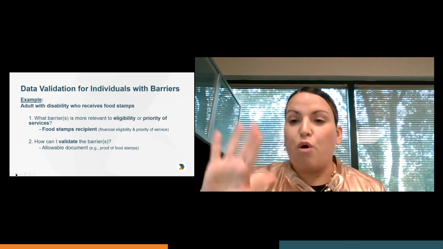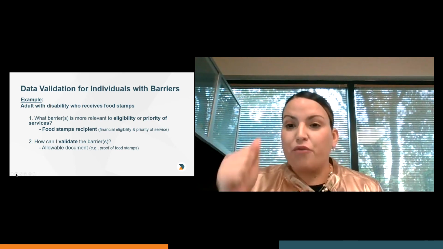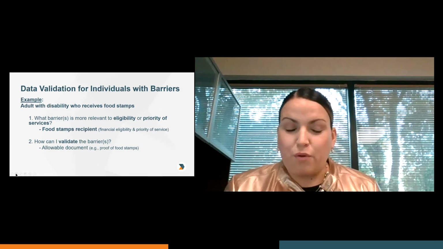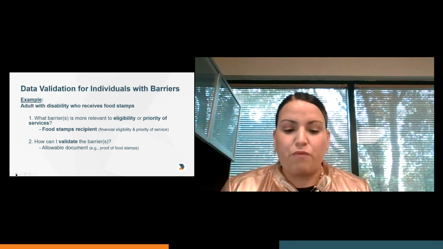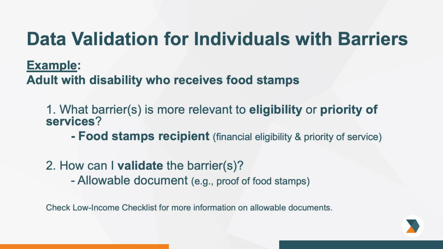We're going to go over that checklist later, but we have created a tool that you can take with you, so you can look at the barriers that the participant you are reviewing has, and then immediately see the list of allowable documents that you can use to validate that data. Because as I said at the beginning, we want you to leave this training with practical tools that you can use in your day-to-day.